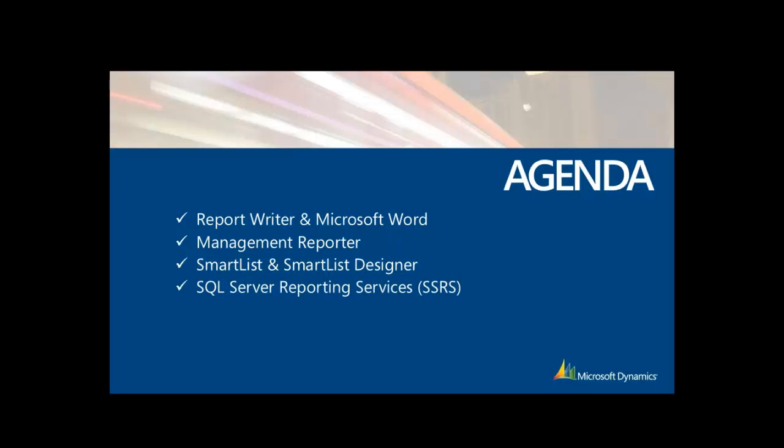And then we're going to jump into some of the more sophisticated tools that you can also use to do a lot of analytics out of GP. That would be things like SQL Reporting Services, or there's a series of Excel-based reports which you can refresh and get data straight from GP.